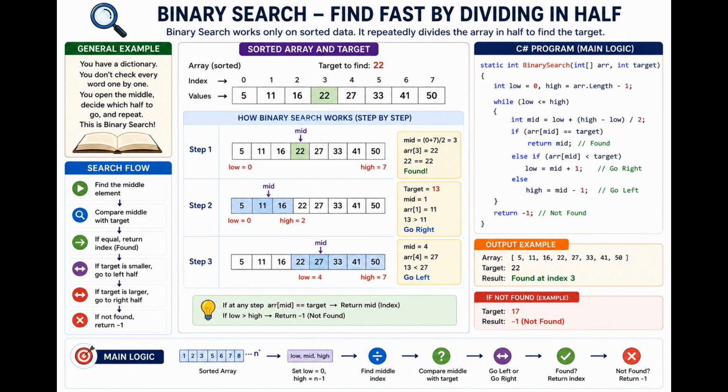Every comparison removes almost half of the remaining elements. That's why binary search is much faster than linear search. So remember the concept. Sorted array, find the middle value, compare, go to left or right, repeat the process until you get the target match.